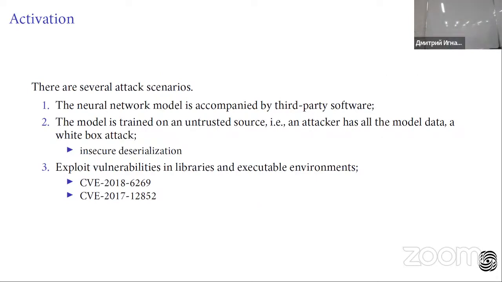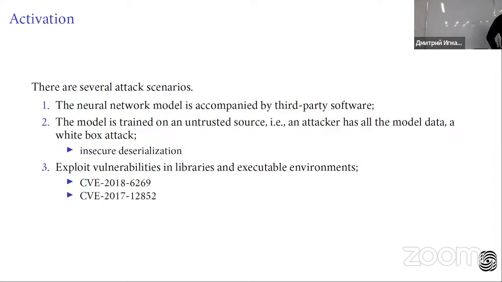There are three scenarios. First of all, if our model is accompanied by third-party software, for example, if we provide software for face recognition and it has the model with malware, then it's easy. We just activate the execution function.